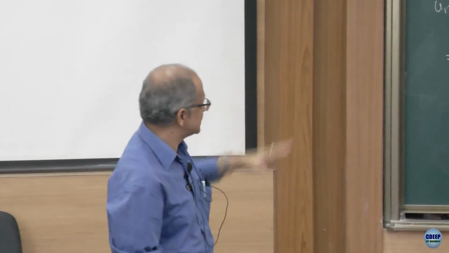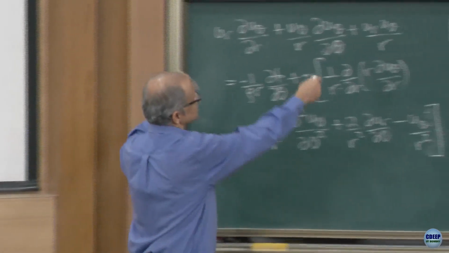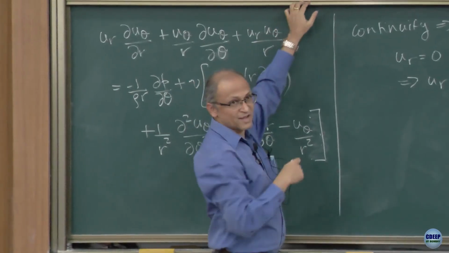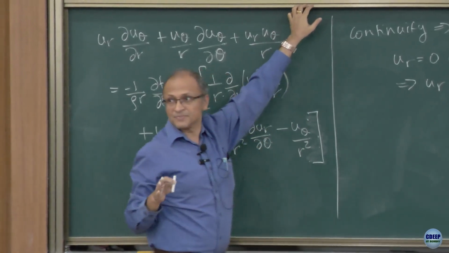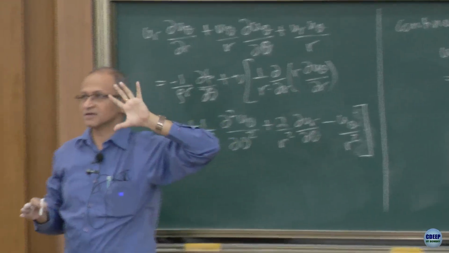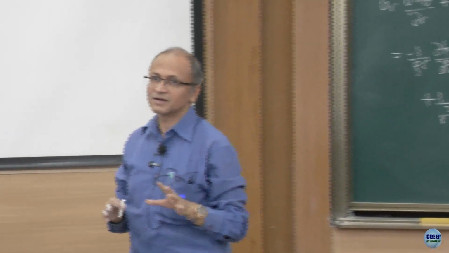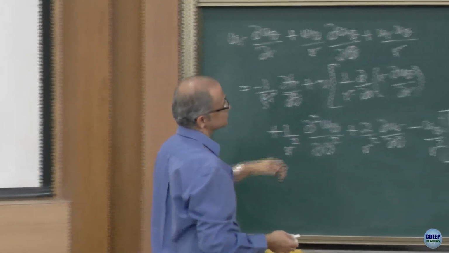Here you will say ur, u theta, everything is looking very similar. So at least what I do is look at the pressure term. Wherever there is a pressure gradient term, it tells you which direction it is looking at. If the pressure gradient is along the r direction, that's my r momentum equation. The theta direction is the theta momentum equation. So that's very quick, and you don't have any confusion if you do it that way.